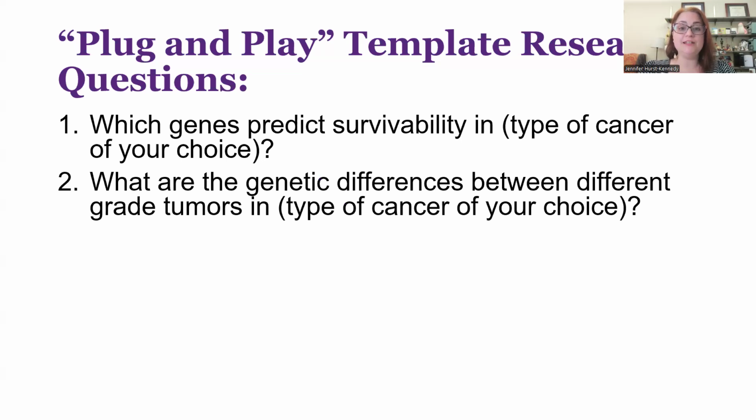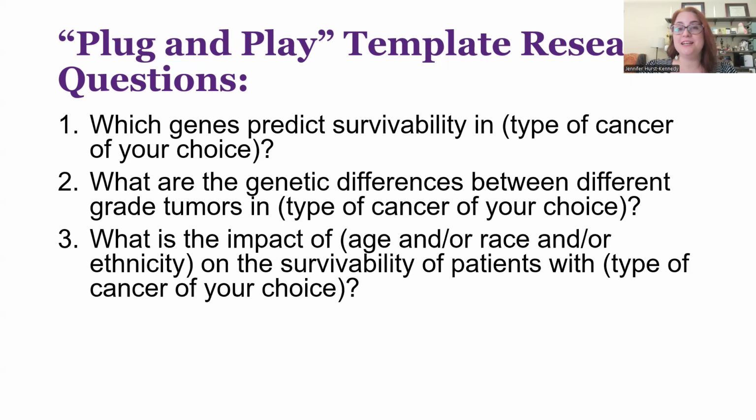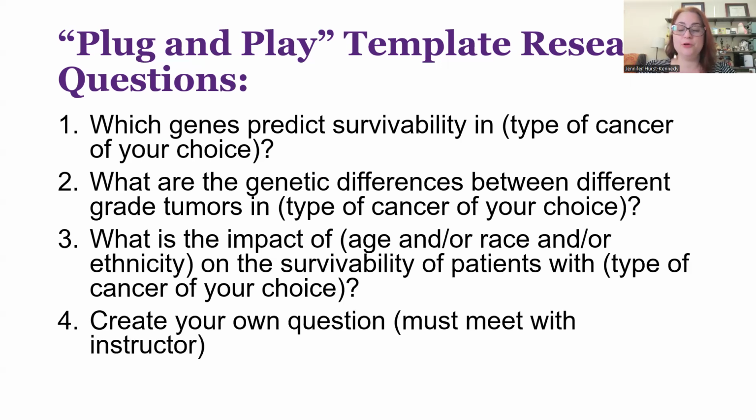Secondly, you can look at genetic differences in different grade tumors. And thirdly, you can investigate the impact of a particular demographic factor, such as race, ethnicity, age, and sex, on patient survivability in a cancer of your choice. There is also a fourth, create your own question option, but in order to do this one, you should meet with your instructor to make sure that they have approved your experimental plan.